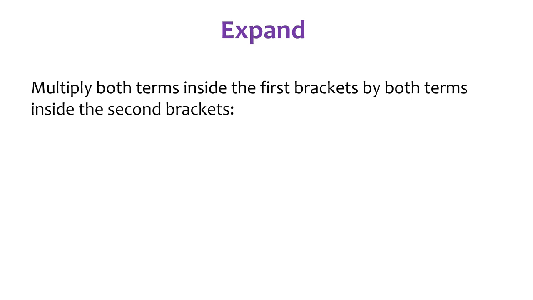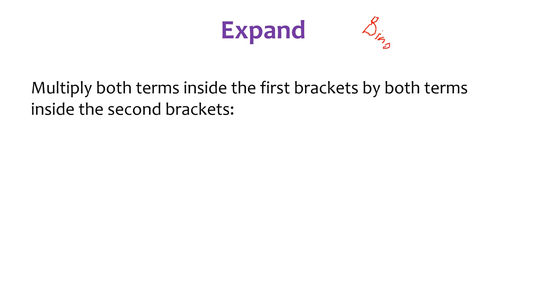We also multiply both terms inside the first brackets by both terms inside the second brackets. This is also called multiplying binomials, and I will write this there. I have a very bad handwriting. I'm the worst teacher when it comes to handwriting in the whole world.